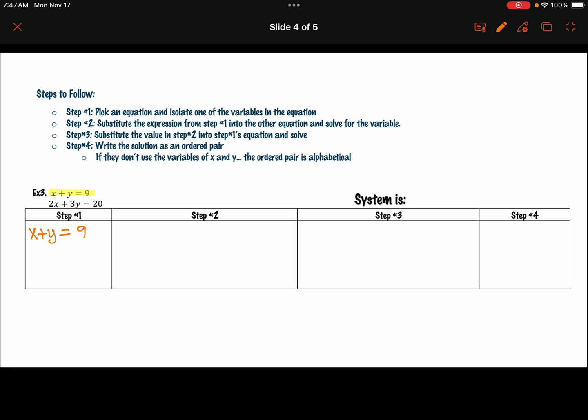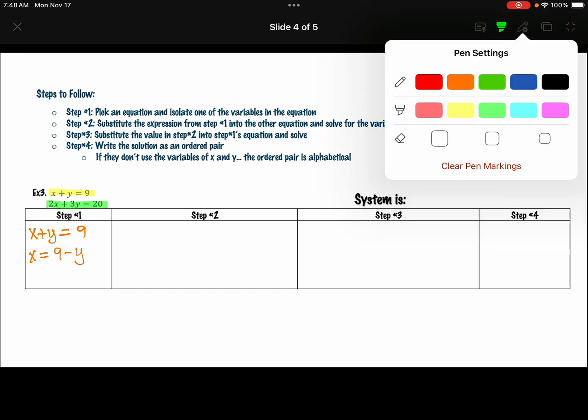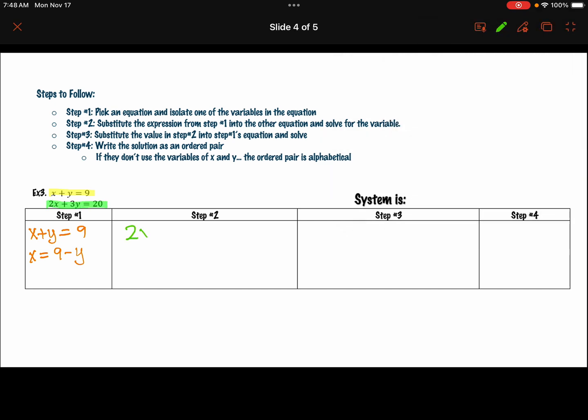So on this one, you can isolate either letter. You can isolate X or Y. So I'll go ahead and isolate X. So X equals 9 minus Y. Again, it does not matter which one you isolate. So now you're going to take your other equation, 2X plus 3Y equals 20.